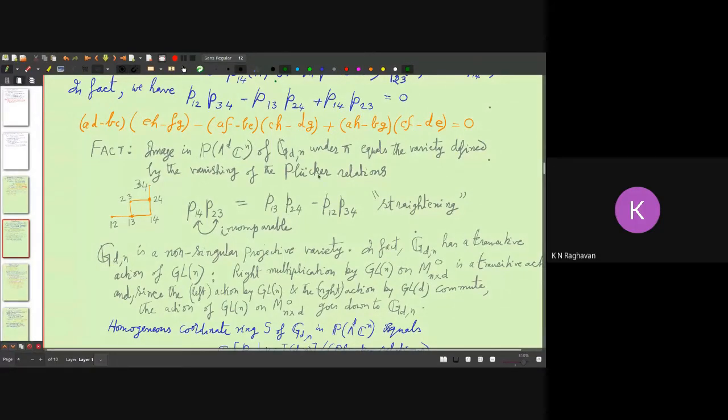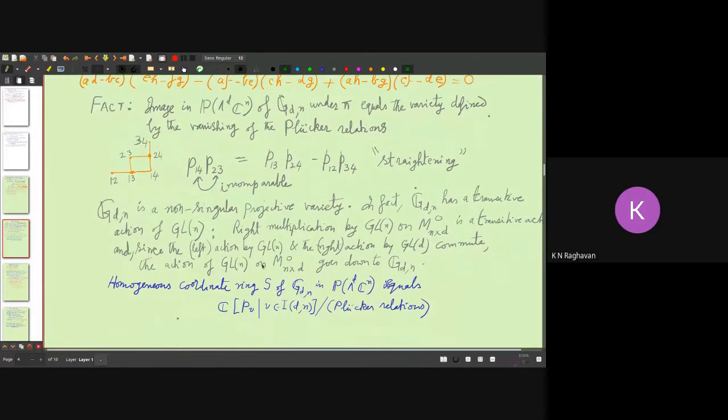Let me say, at the bottom of the page, the homogeneous coordinate ring S of G_{d,n} in the projective space equals this polynomial ring modulo the Plucker relations. So the Plucker relations, in fact, are the ideal of relations that vanish on the image of G_{d,n}. Okay?